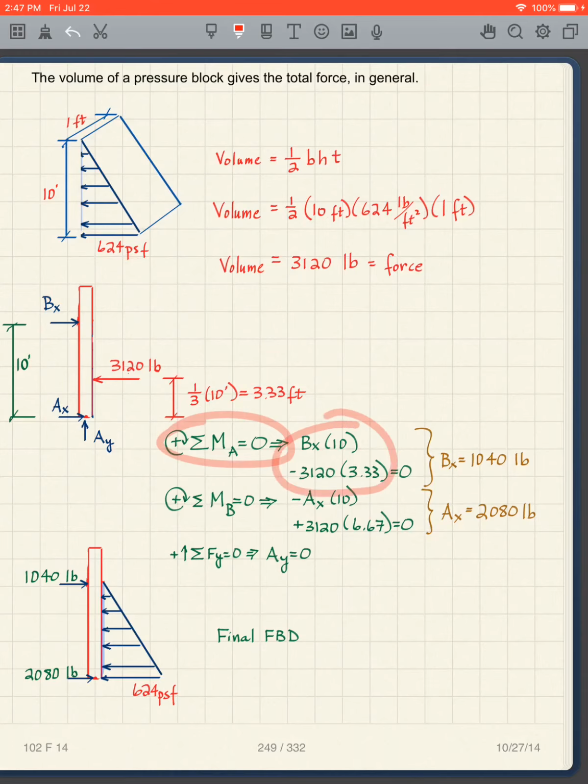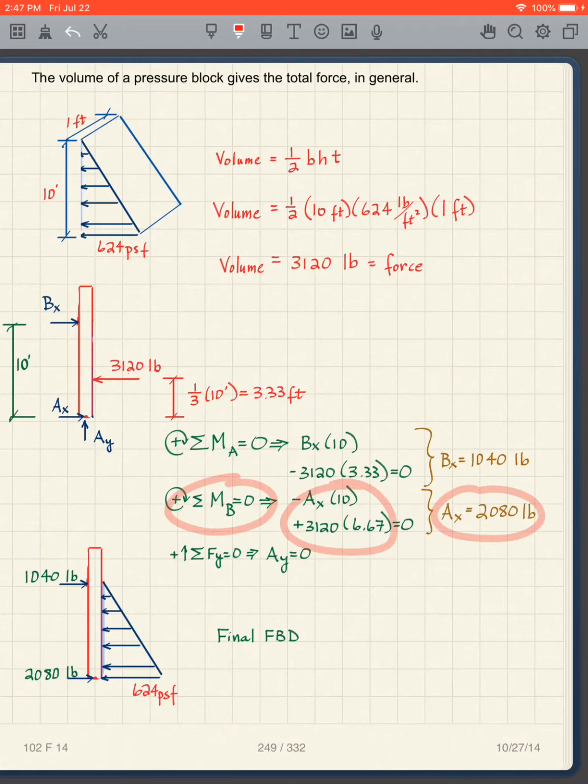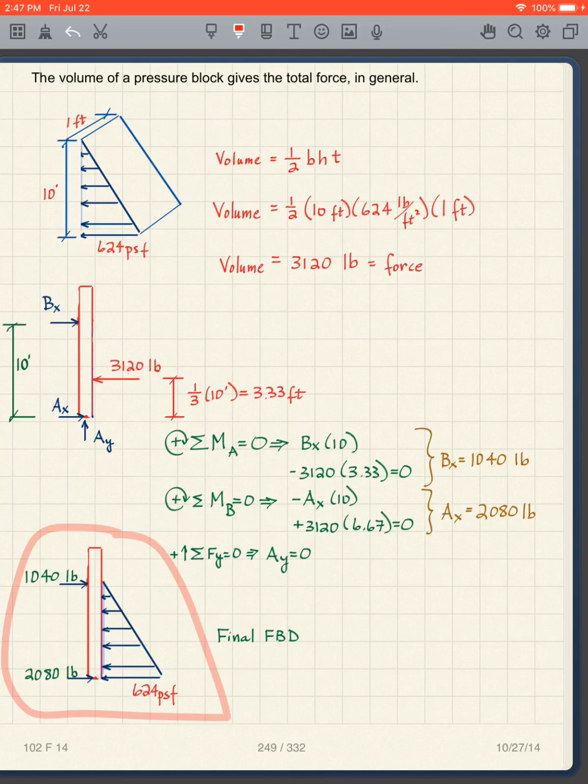You can read that. We get BX. Sum of the moments about B equals 0. We get that. We calculate out AX. And the sum of the force in the y direction tells us that AY is 0. So my final free body diagram looks like that. And we've solved the problem.